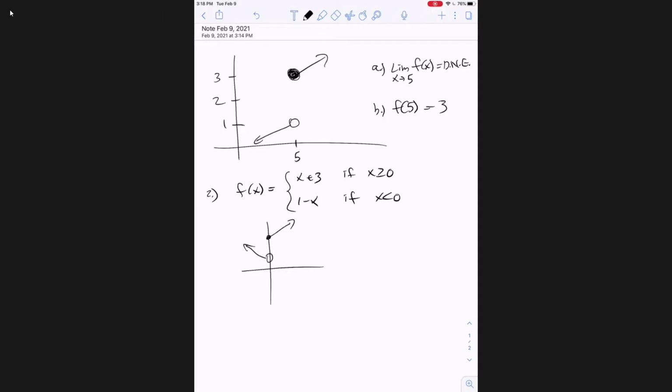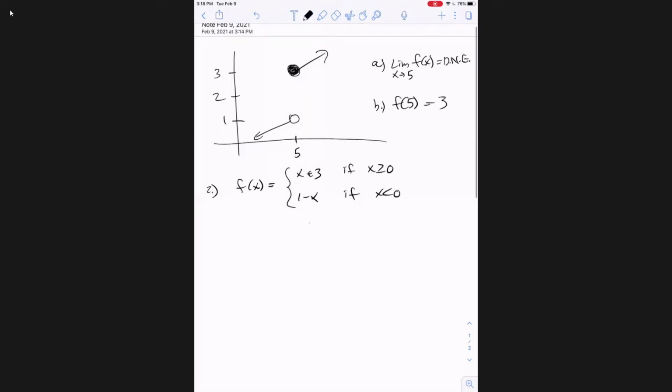This doesn't tell me what points it goes through. So do not graph something that looks like that. Instead, you got to do this. So we got 1, 2, 4.